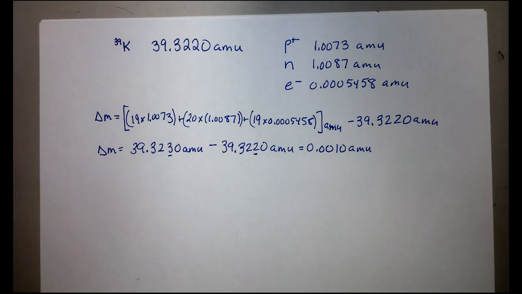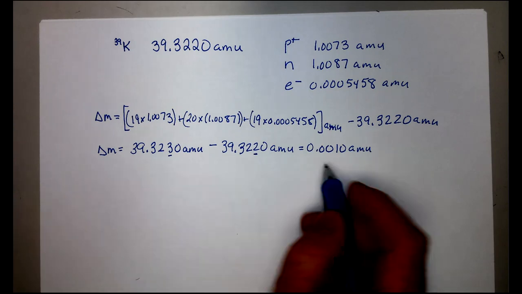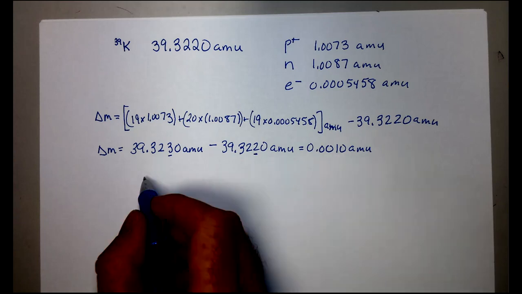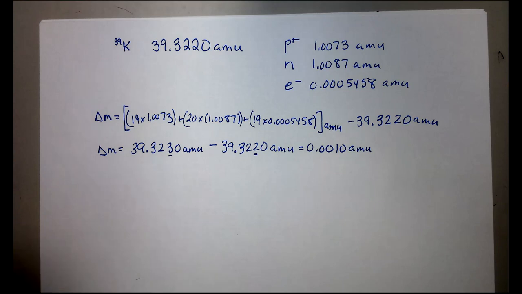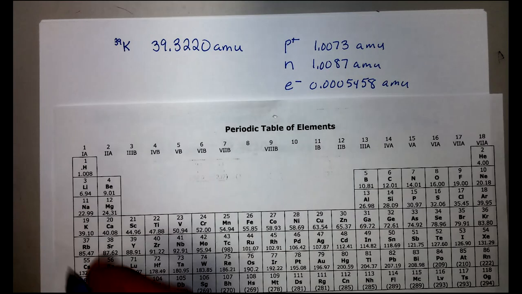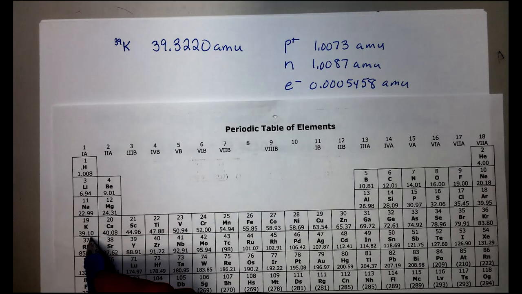We want to get the binding energy. Now what we can do, and there's a couple different ways to do this, we'll get the binding energy in grams per mole or in kilojoules per mole. So we can use a grams per mole conversion, because on the periodic chart, we can say that this is 39.10, for example, AMUs per atom on average, or 39.10 grams per mole.